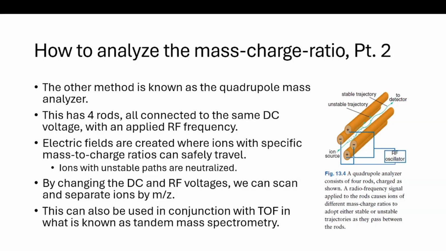If we have any ions with unstable paths, they're just going to get neutralized. And by changing these voltages, we can scan and also separate these ions based on their mass-to-charge ratio. Fun fact, this can actually be used in conjunction with time of flight in what is known as tandem mass spectrometry.